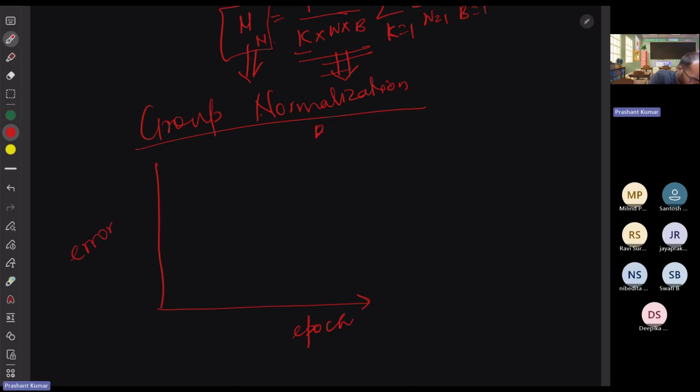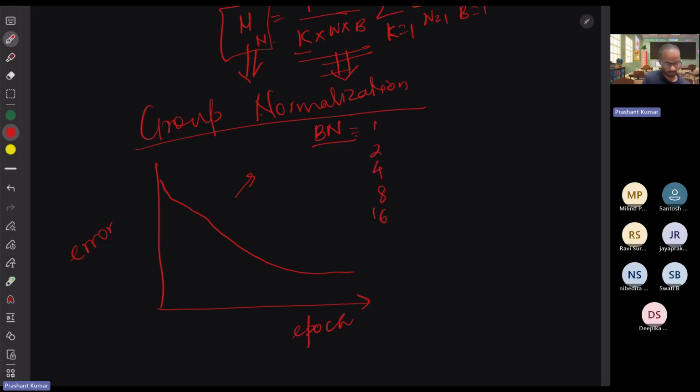If you are doing batch normalization, then this convergence will depend on the size of your batch. Let's say you are training with batch sizes of 1, 2, 4, 8, and 16.